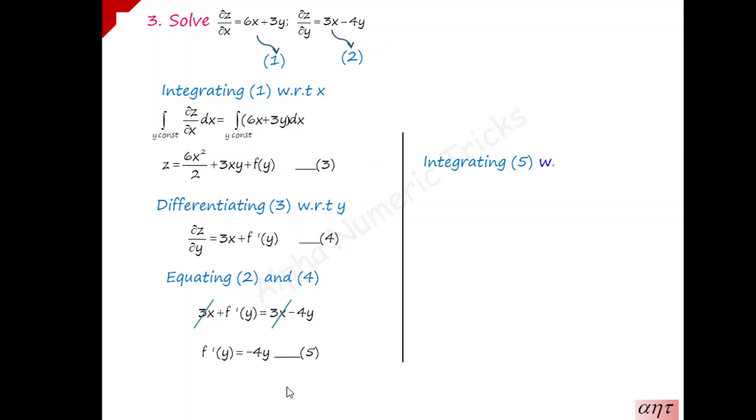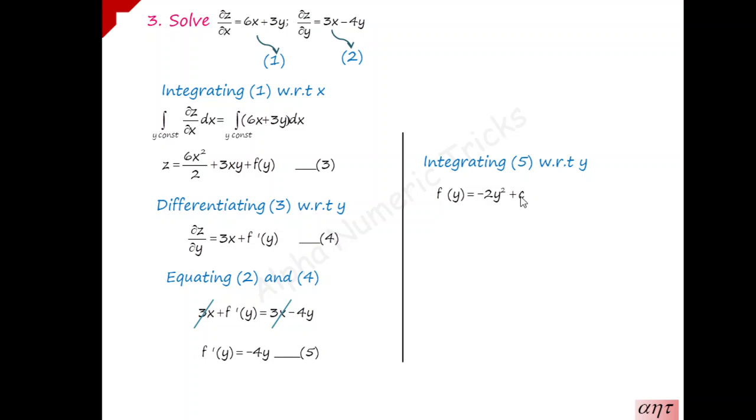Now you have to integrate equation 5 with respect to y. So f of y is equal to minus 4y squared by 2, that is minus 2y squared, plus a constant of integration taken as c, because this comes under ordinary integration. Why ordinary integration? f is a function of y alone.